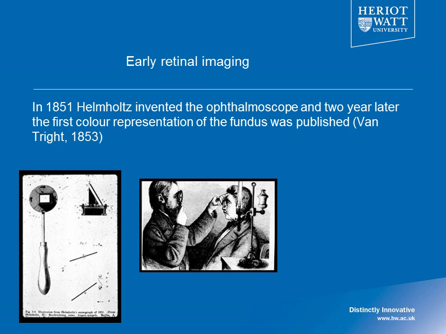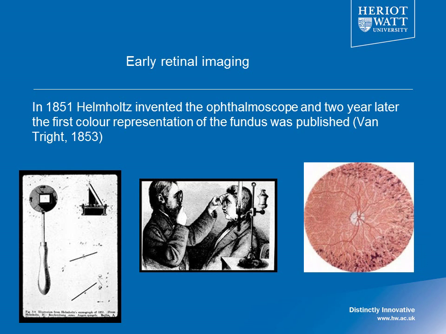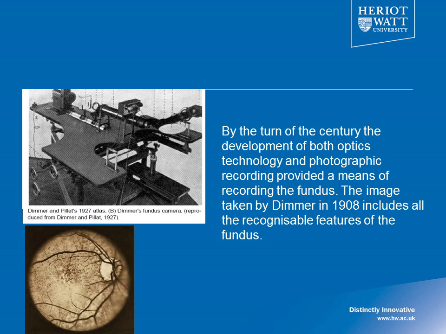So, in 1851, Helmholtz invented the first ophthalmoscope, and then within 2 years of that, Van Trigt produced a colour image of the fundus, and then it took some time because of the developments in both illumination and photographic recording before we actually had some photographic records of the fundus.